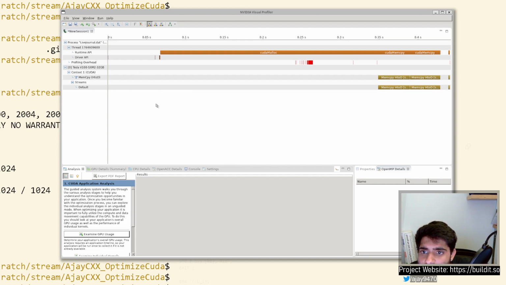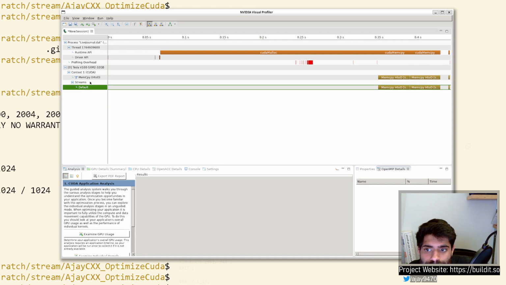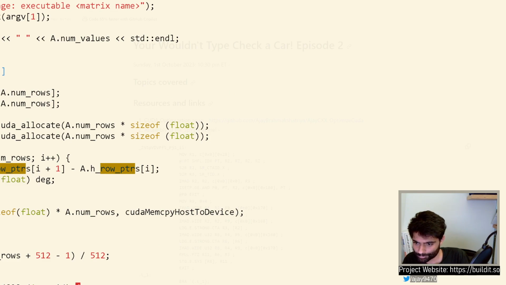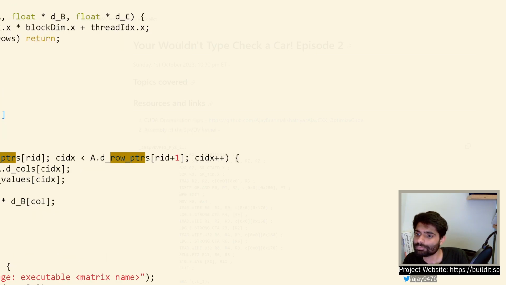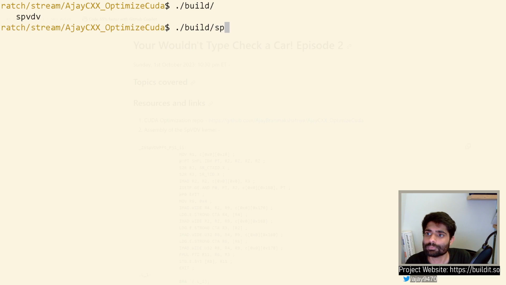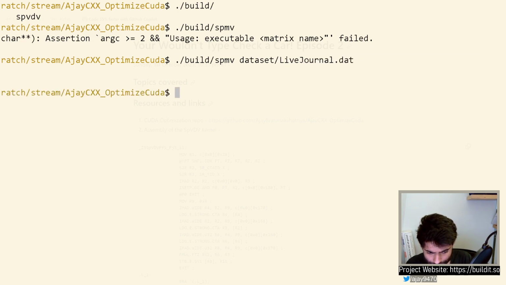It doesn't show my kernel. Could it not run?